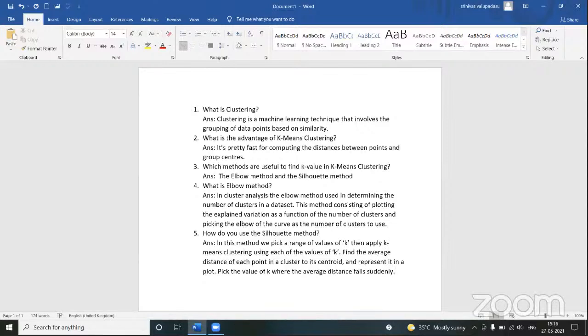Next question. What are the disadvantages of K-means clustering?